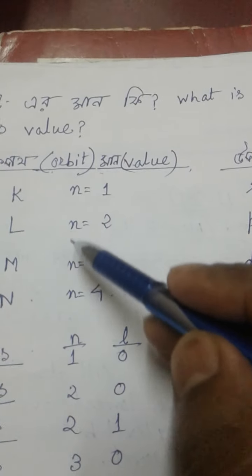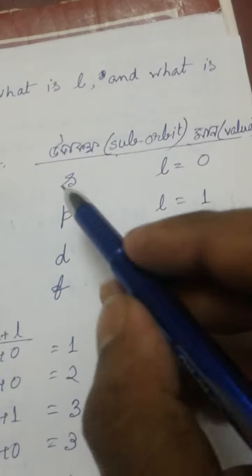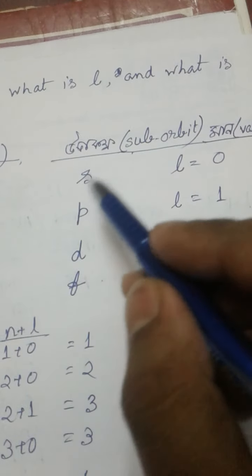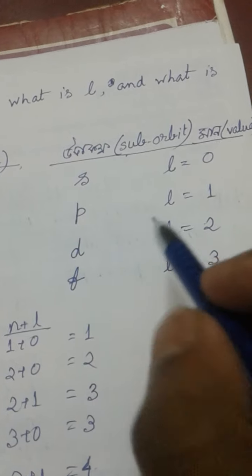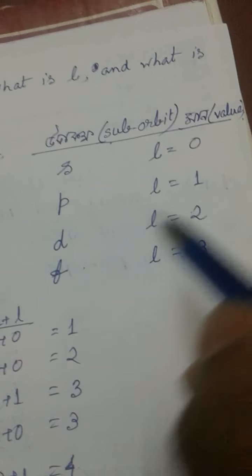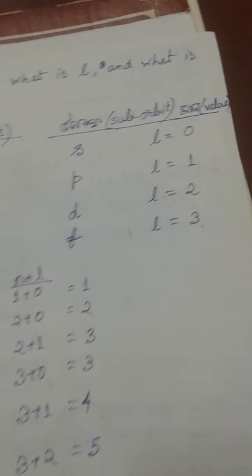is represented by L. As the orbit is represented by n, the suborbit is represented by L. The value of L for s is 0, for p it is 1, for d it is 2, for f it is 3.